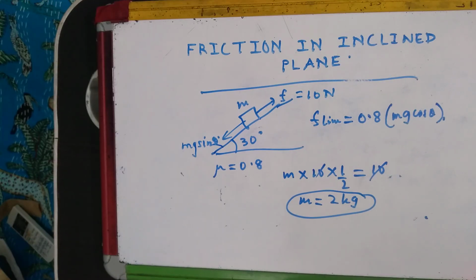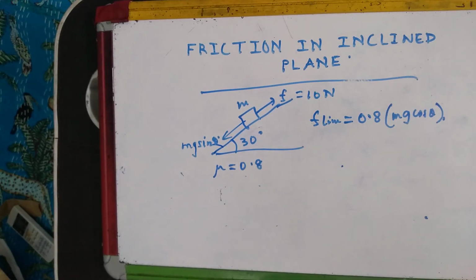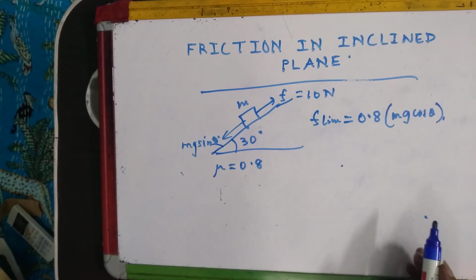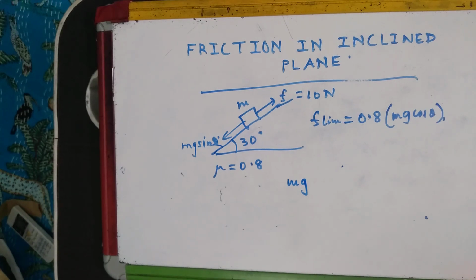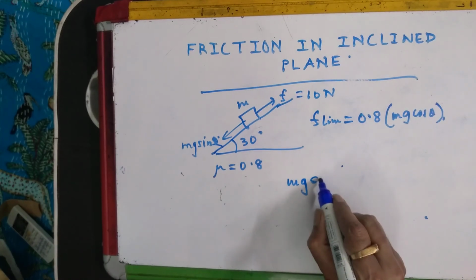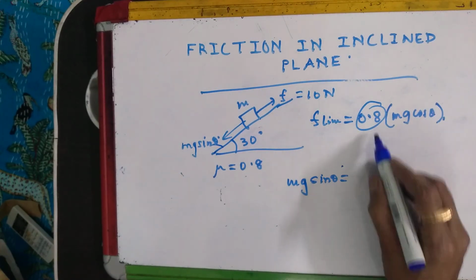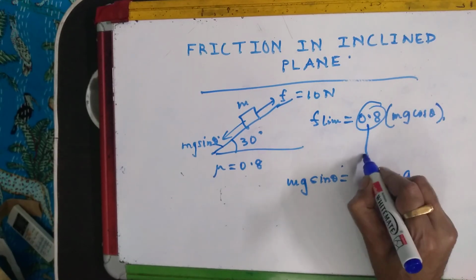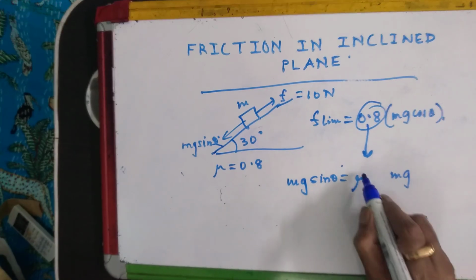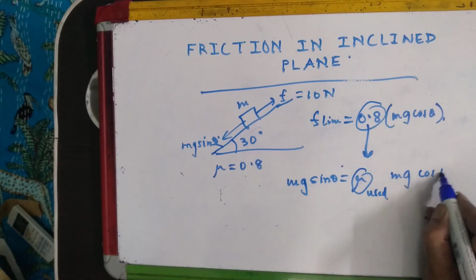That is the answer. If instead we had gone into the use of 0.8, because the entire 0.8 is not used, we would have had to write mg sin theta equal to mu used into mg cos theta.